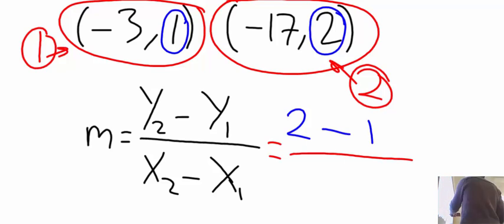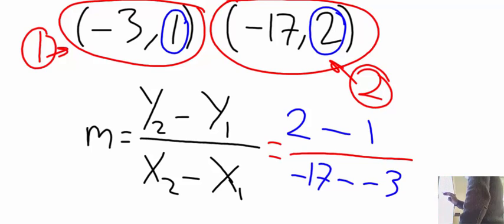And now x2, remember number 2 is here. Don't pick up this one yet. x2 is minus 17, and minus x1. Now watch this one carefully, it's minus 3, so I'm going to write down minus 3.